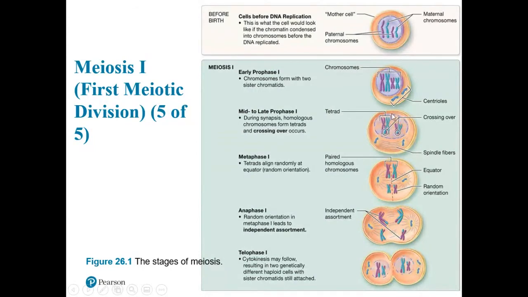We know this as genetic variation. This is where we achieve genetic variation, and that's the reason why we all look different. We behave differently, we interact differently with the environment. Even if you have an identical twin, you're not exactly the same as your identical twin.